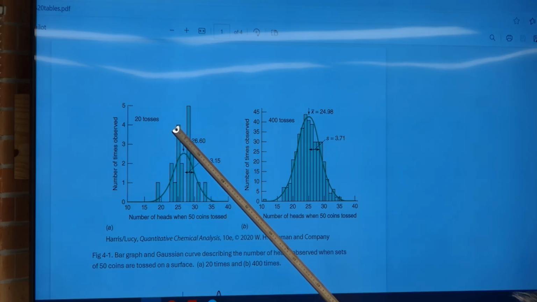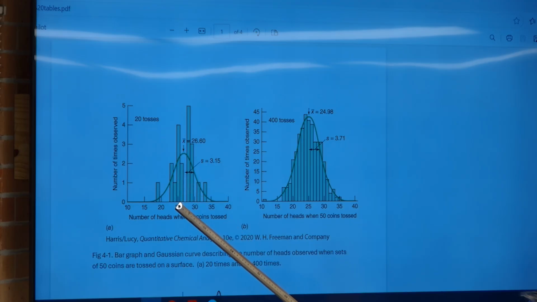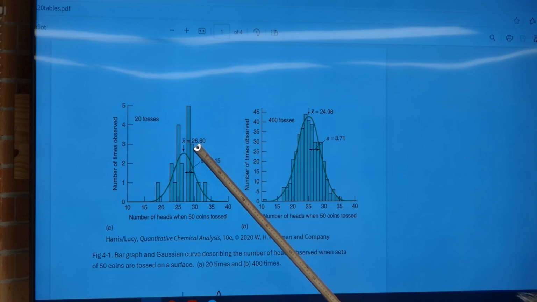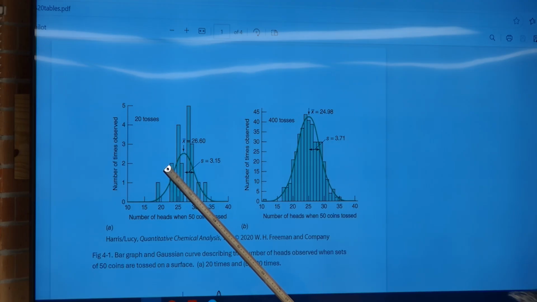And 5 times is 25. This is actually 4 times. And 3 times is 29 coins landed up. 2 times is 23 landed up. Another 2 times is 26 landed up.